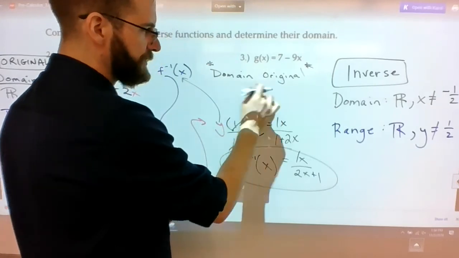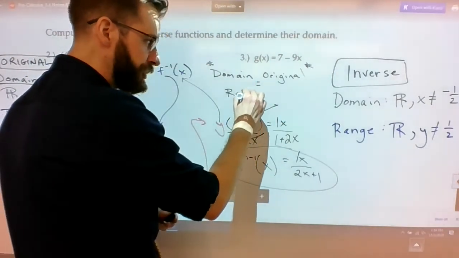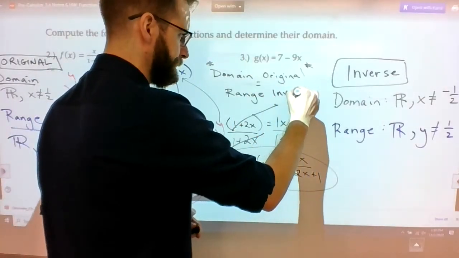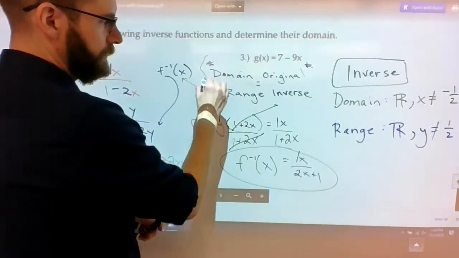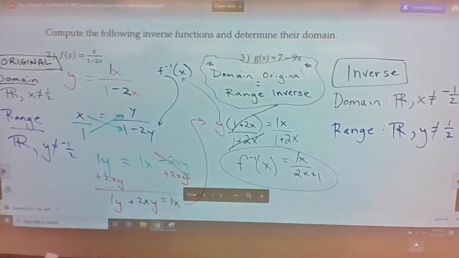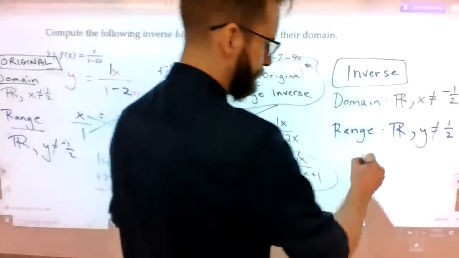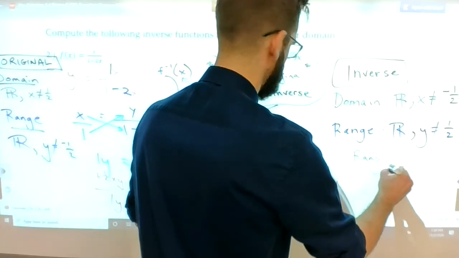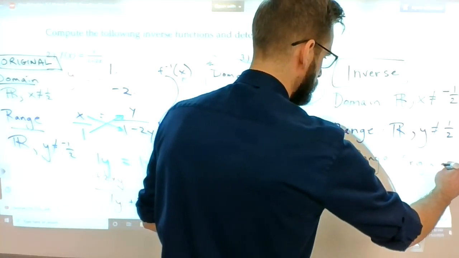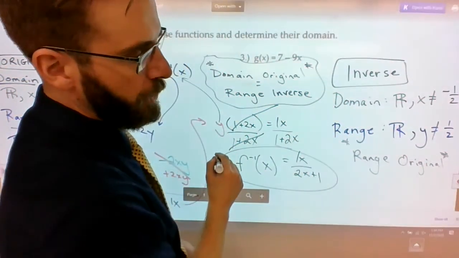I'm going to put equals just so it's simple for us to remember. Equals the range of the inverse. Big concept right here. And then vice versa is true as well. The range of the original equals the domain of the inverse.